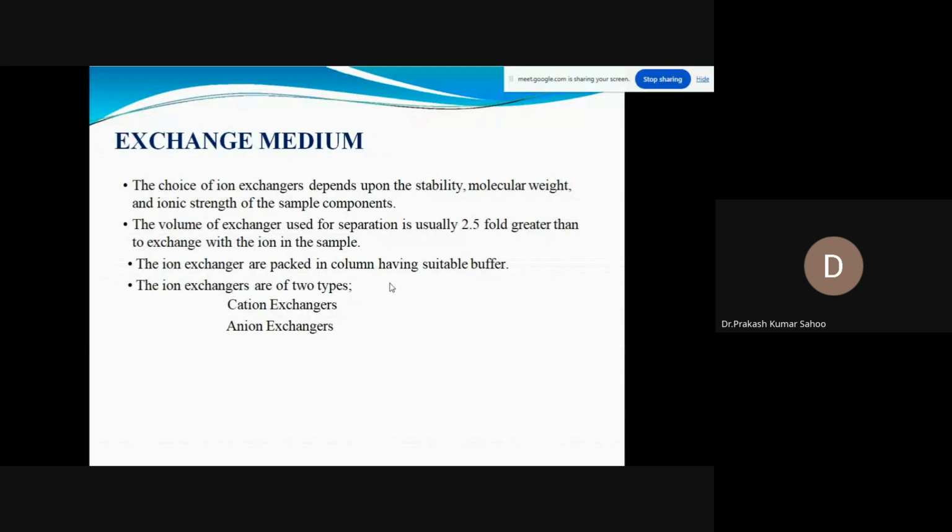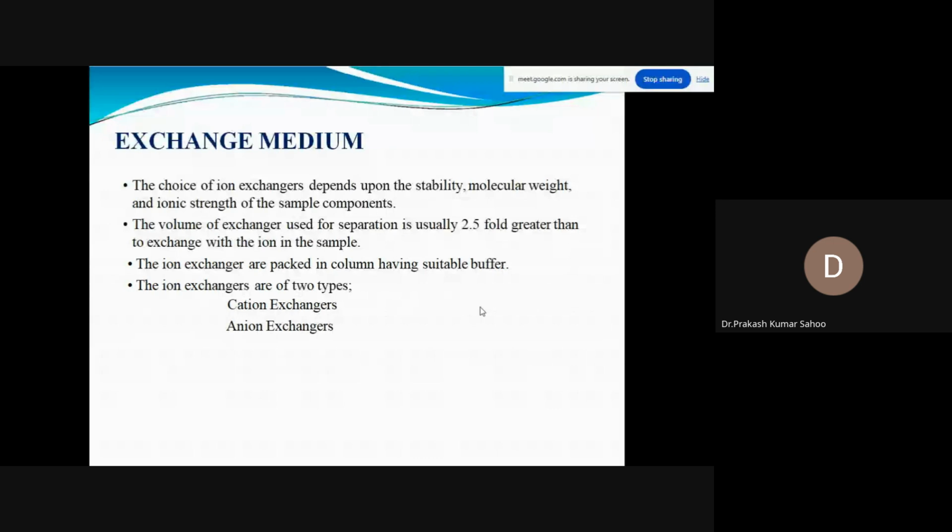The choice of ion exchanger depends upon the stability, molecular weight, and strength of the sample component. The volume of exchanger used for separation is usually 2.5 fold greater than the exchange with the ion in the sample. The ion exchangers are packed in a column having suitable buffer.